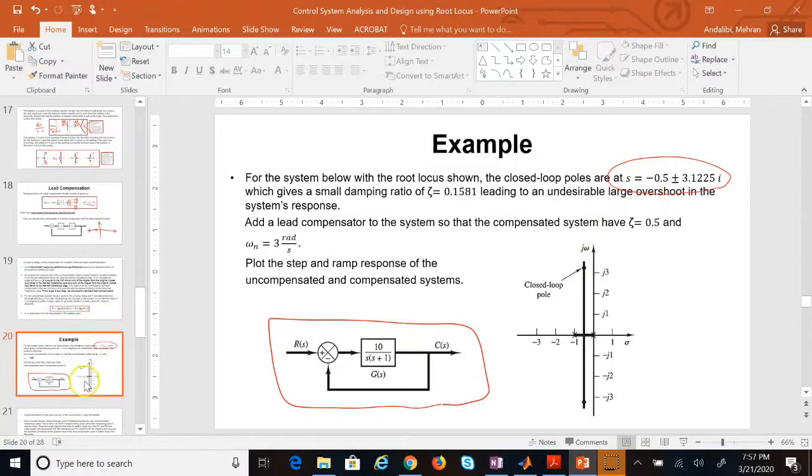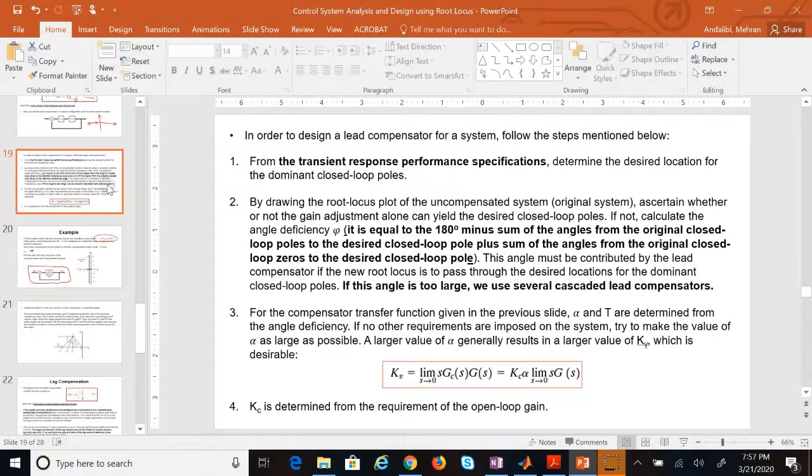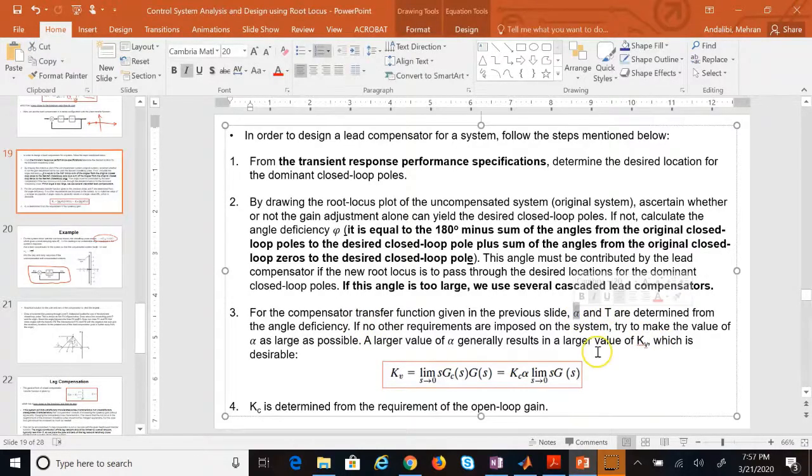I'll show you the graphic method of calculating the T and alpha, which is a little bit easier to grasp, but if you have a choice, which you typically have, between T and alpha, then try to choose alpha as big as possible.